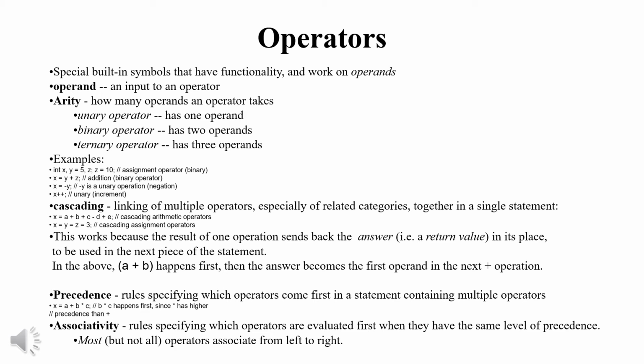The other rule for operators is precedence. It means when we have several operators in one single line of code, how can we handle that, right? For example, in this example, we have x equals a plus b multiplied by c.